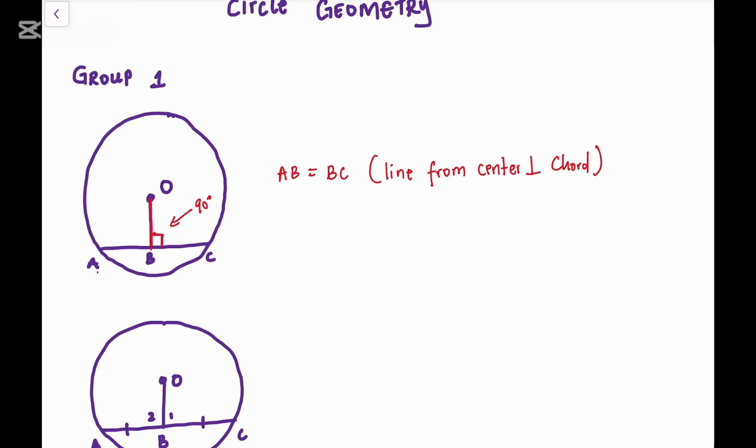So if AB is 10 centimeters, BC is also 10 centimeters. But you must see this 90 first, and you must see the line coming from the center and making an angle equal to 90 degrees with the chord. That is your first theorem.